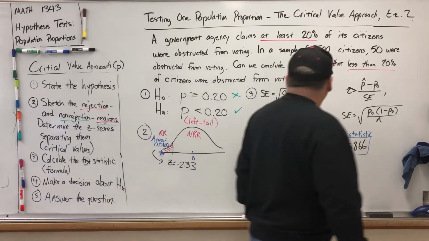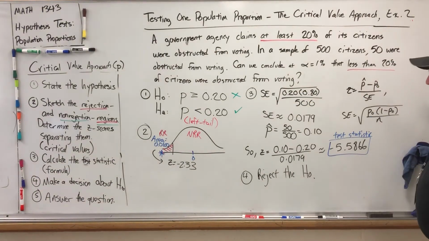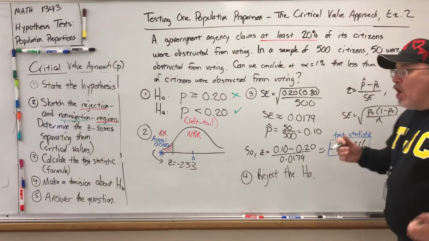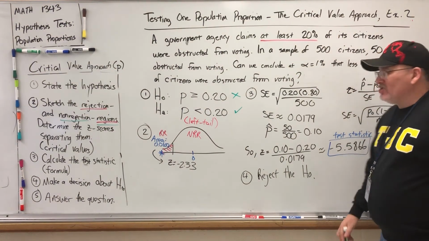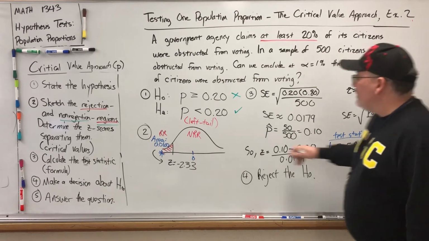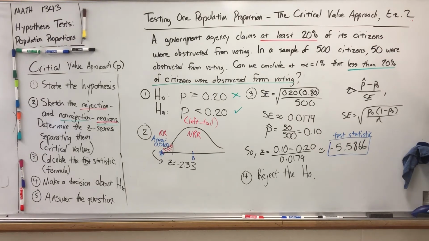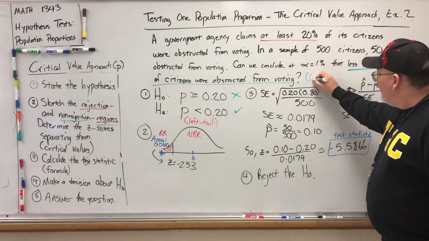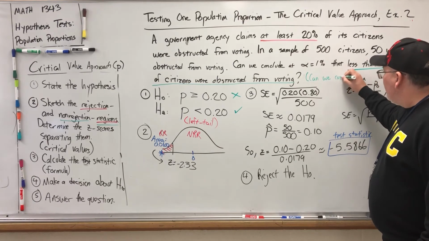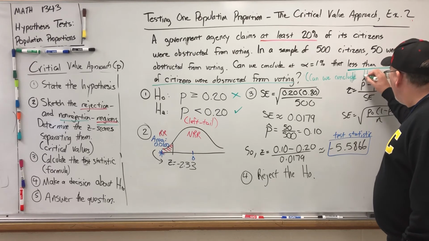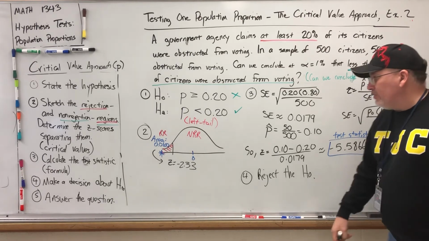And now we can answer our question, which is step 5. Can we conclude at 1% that less than 20% of citizens were obstructed from voting? Again, the trick to answering the question is to ask yourself, which hypothesis is it asking us to conclude? Less than 20% was the alternative hypothesis. So this is asking, can we conclude HA? At the end, did we accept it or did we accept the null?